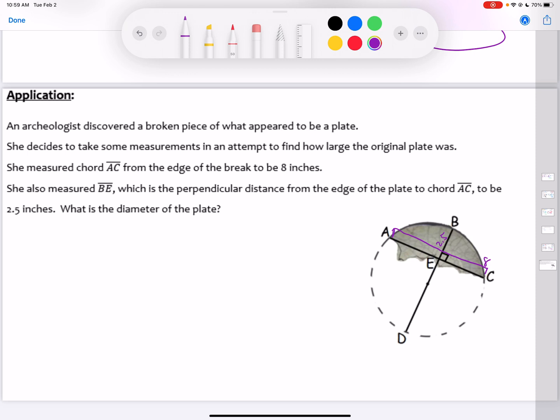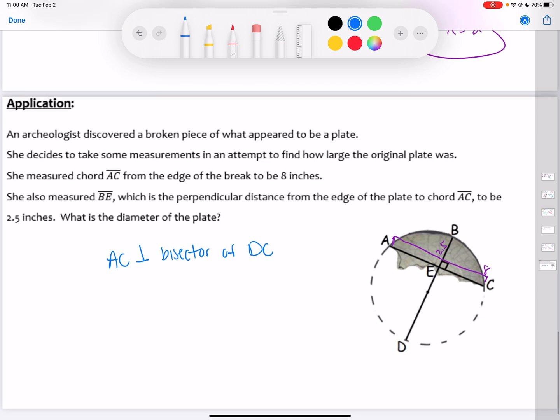So the big thing that you need to know here, which I think the directions are terrible at asking or telling us, is that BAC is a perpendicular bisector of BD. So what that means is that AC, so if that total length is 8, that means this is 4 and this is 4.